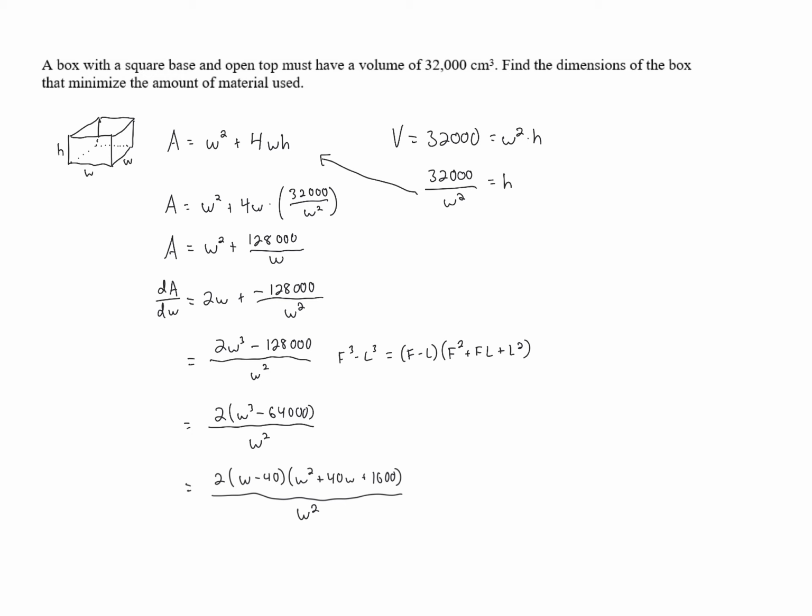So this is undefined. We also get w equals 40 from that factor. And then this factor on the right-hand side doesn't actually have any real roots, any real zeros. This is always positive. So we know that our critical numbers are going to be 0 and 40.